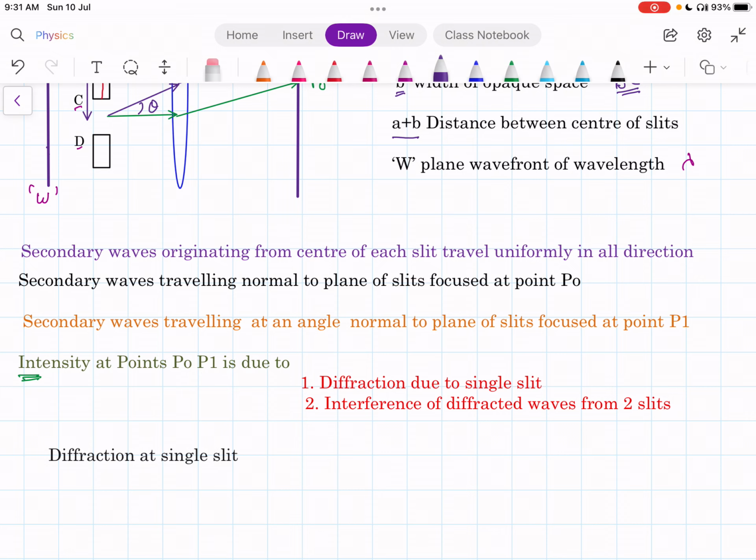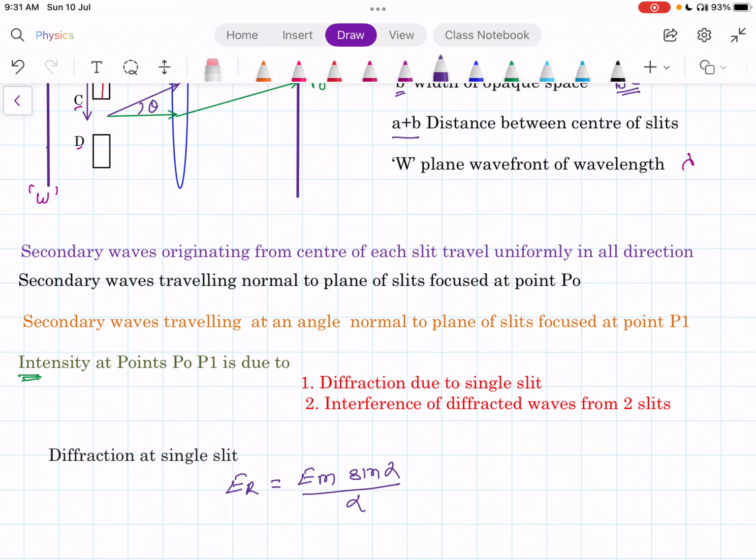We already studied Fraunhofer diffraction at a single slit, where we got the resultant electric field ER, or the resultant amplitude, which is equal to Em sin alpha upon alpha.